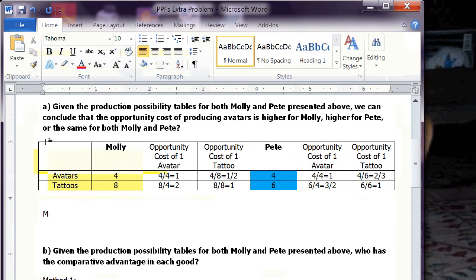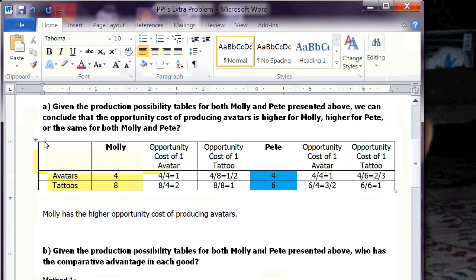So we're going to say that Molly has the higher opportunity cost of producing avatars, and that's in reference to higher than Pete's opportunity cost.